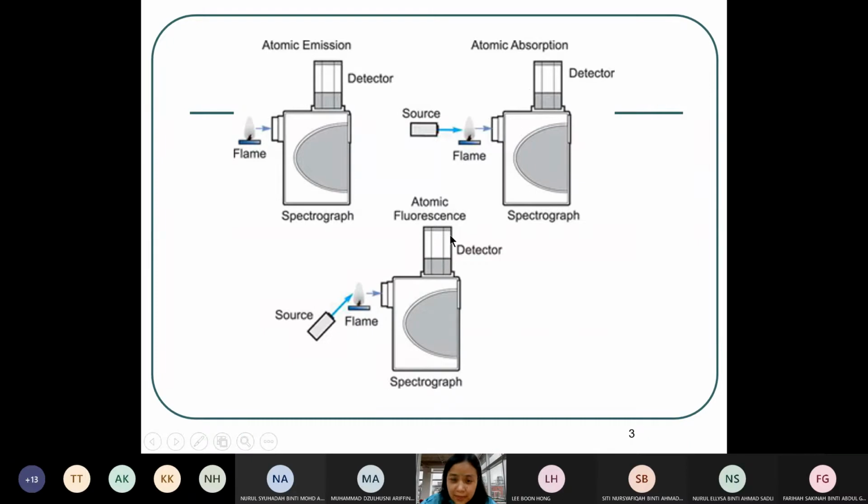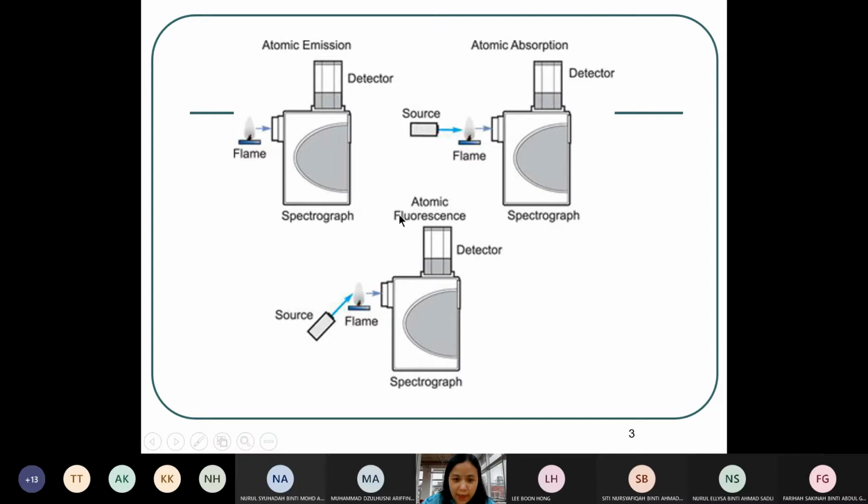Another important thing to pay attention to is the position of the light source in AAS and AFS. In AAS, it is placed in parallel with the atomizer and the detector. What's the problem if the light source is placed in parallel with the atomizer and the detector? It will give us some background issues. So that's why for AAS, most of the time, we have to perform background corrections.